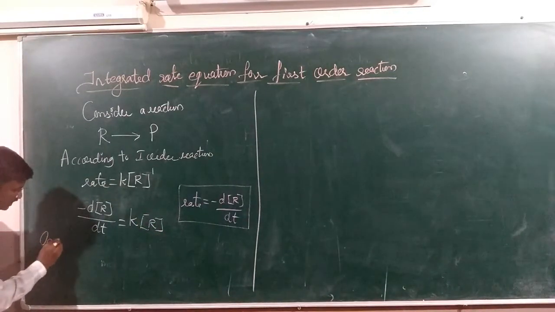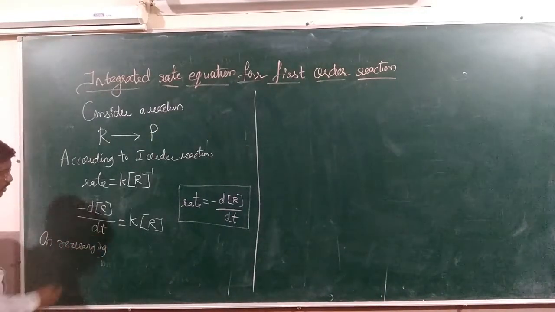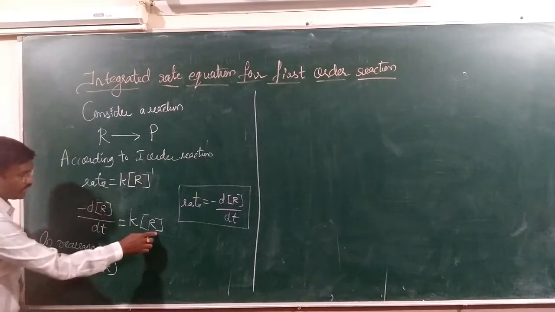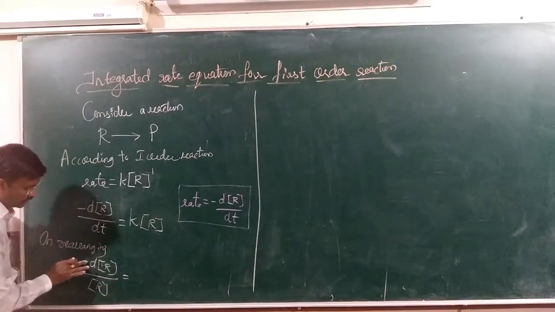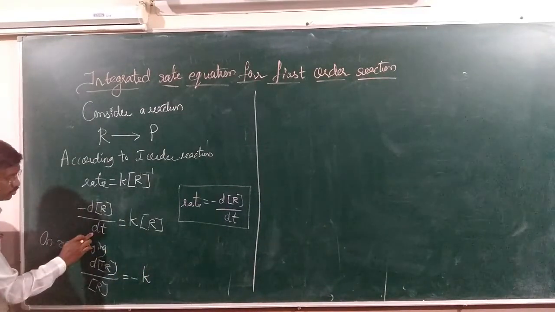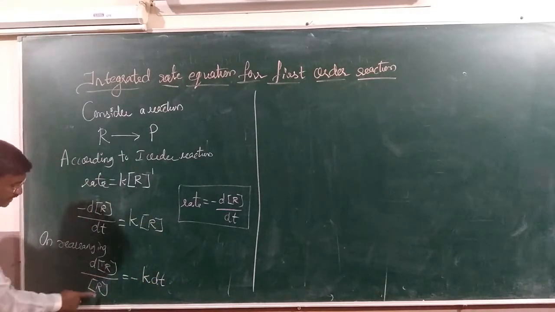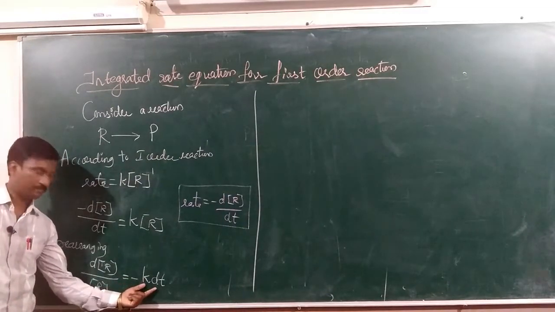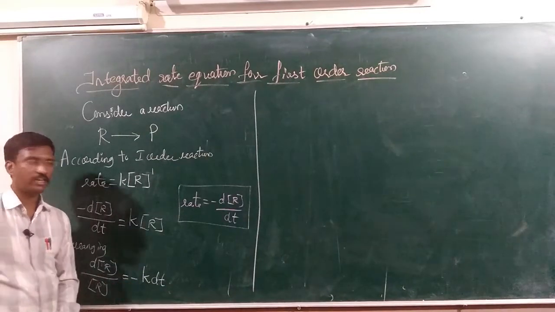We get minus dR upon R is equal to, sending this minus to the right side, minus K into dt. So dR upon R is equal to minus K into dt.